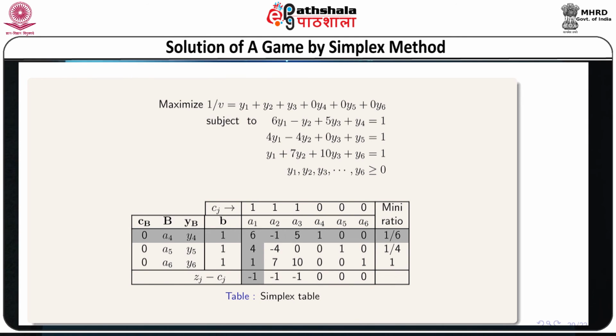And since there are 3 negative values, equal to minus 1, minus 1, minus 1 for z1 minus c1, z2 minus c2 and z3 minus c3, we choose arbitrarily z1 minus c1 and the corresponding column vector A1 as the entering vector, and from the min ratio we determine the outgoing vector as A4.